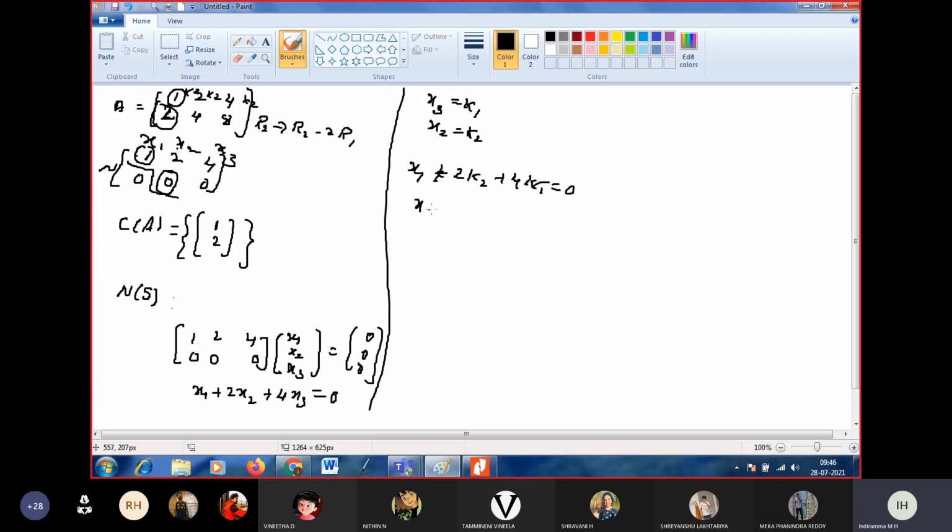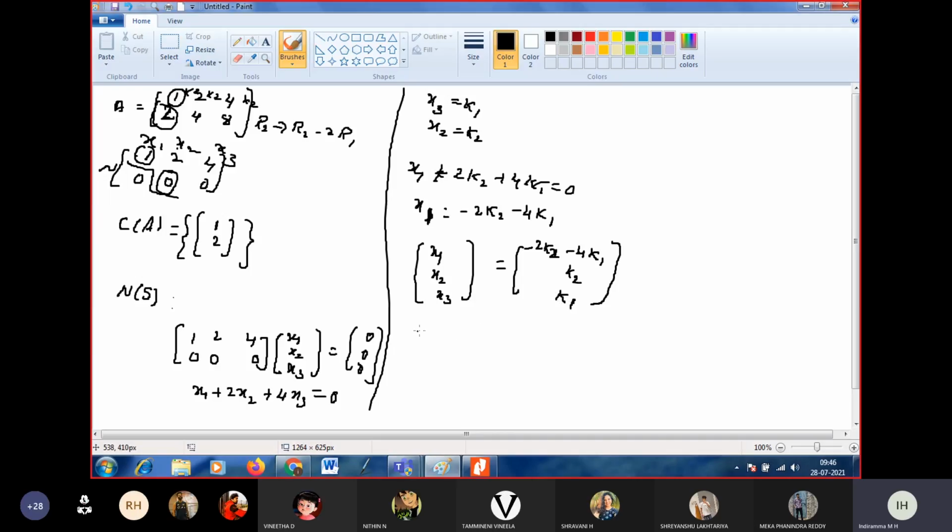So x1 is equal to minus 2k2 minus 4k1. The solution space for x1, x2, x3 is x1 equal to minus 2k2 minus 4k1, x2 equal to k2, and x3 equal to k1. So this is the solution space we have. Correct?